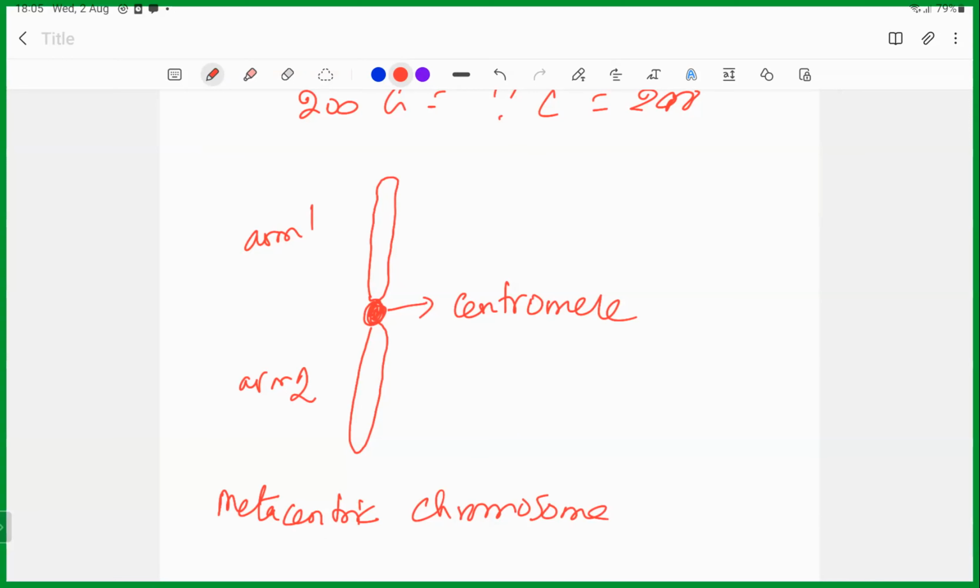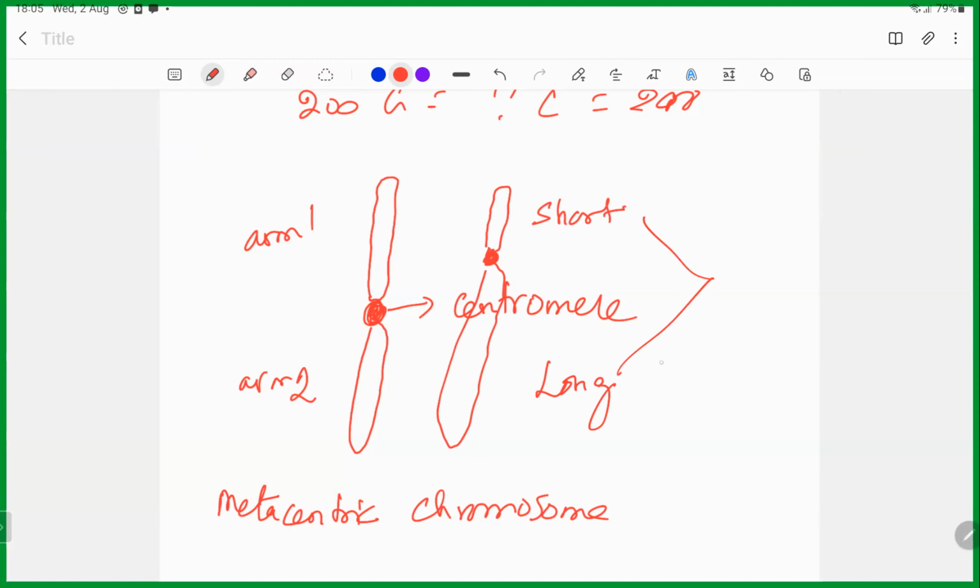Sometimes the chromosome has this structure. What is the difference between these two structures? One short arm, one long arm. This structure is called what? Submetacentric chromosome.